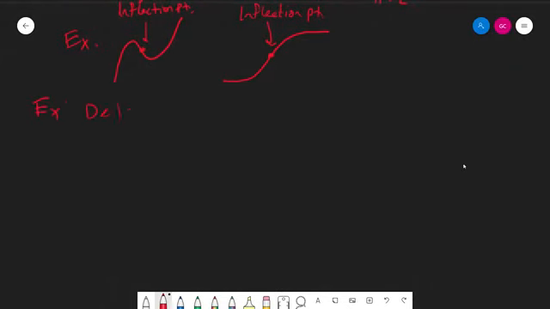So let's determine where the function f of x is x cubed minus 9x squared plus 24x is concave up and down.